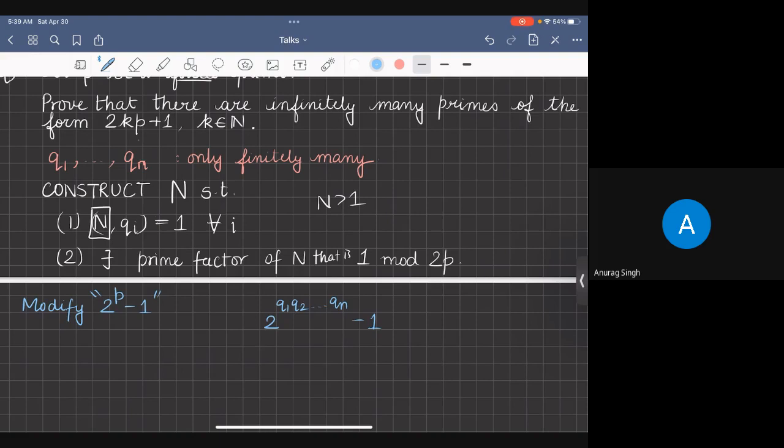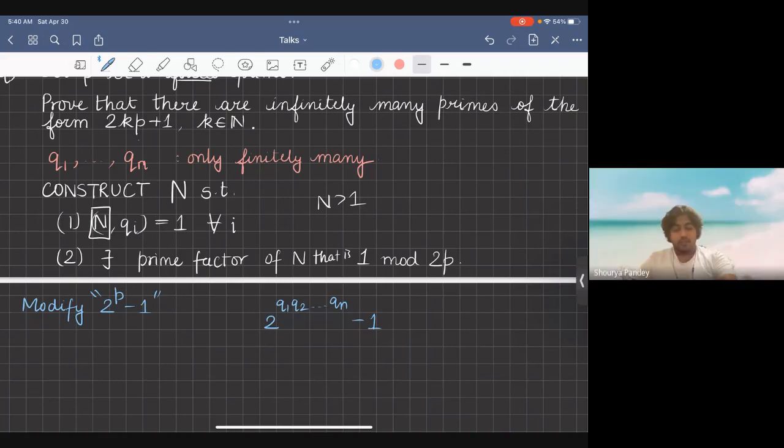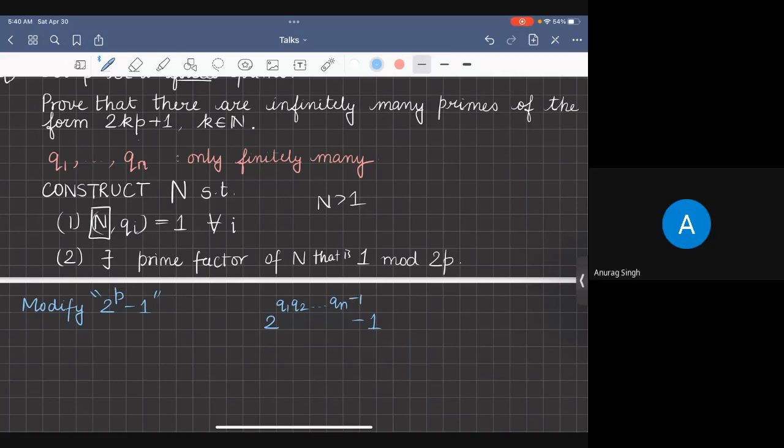We can consider 2 to the q1 q2 till qn minus 1 mod 2p. Then it will be congruent to 1 mod 2p. Are you saying this? Yes, yes.